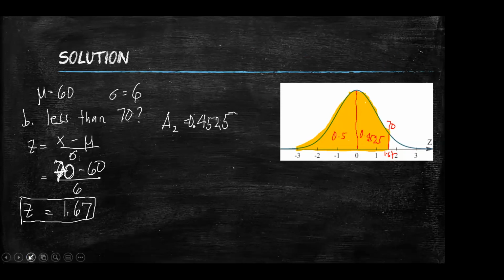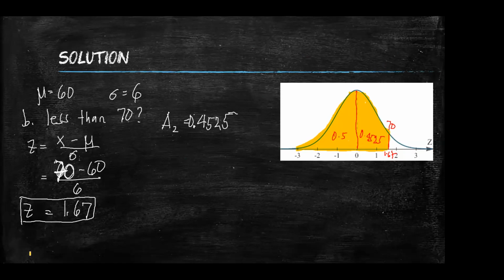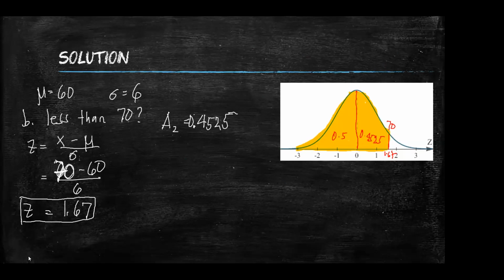So, anong gagawin natin para mahanap natin yung buong area na shaded? I-add po. Okay, i-add yung dalawang area. So, 0.5 plus 0.4525. Bakit natin i-add? Kasi nga, yung hinahanap ay yung less than 70.